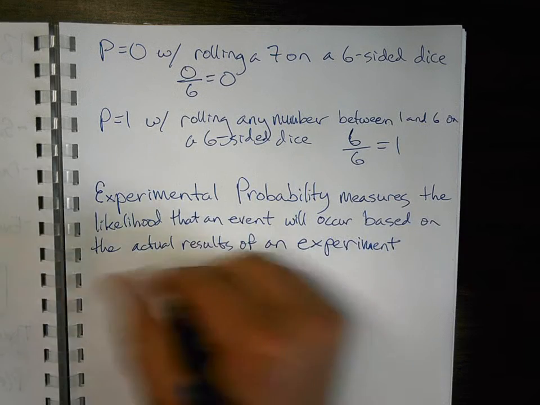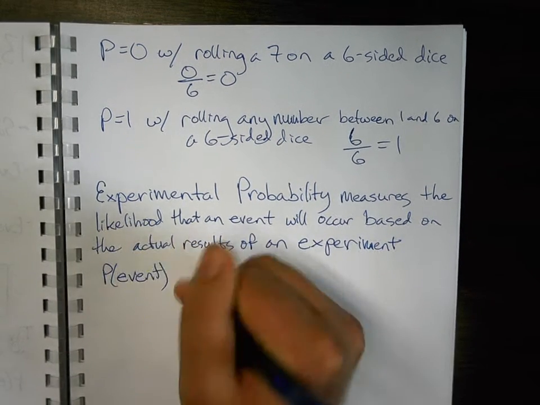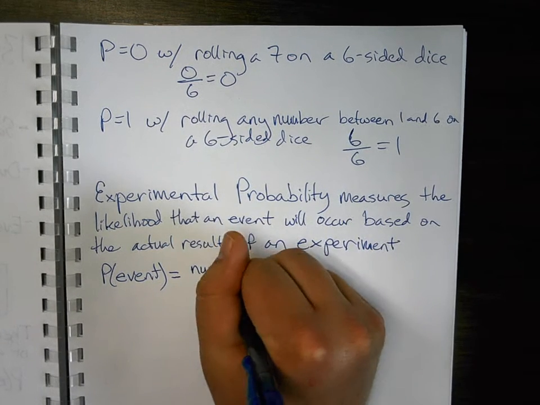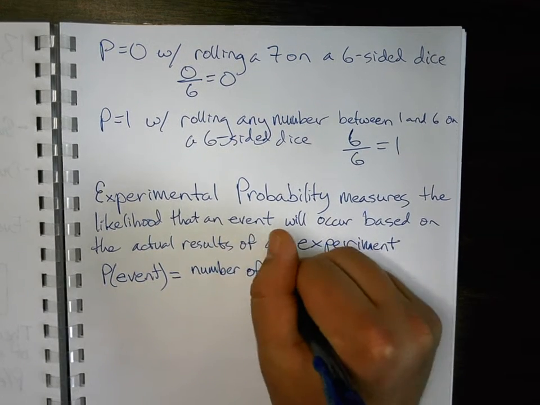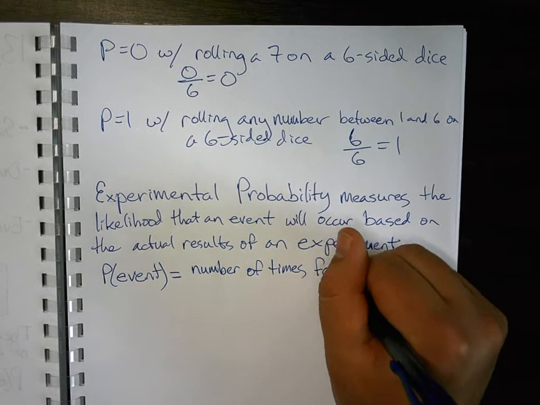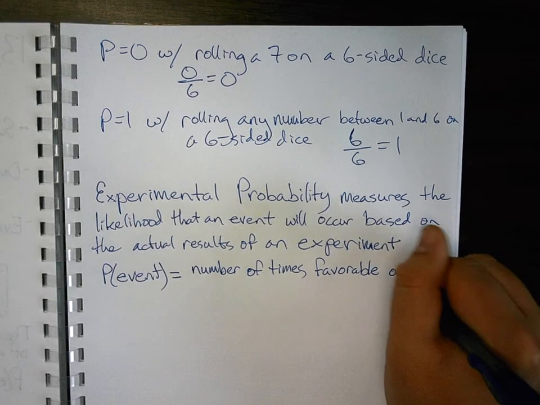So that would be something like experimental probability. And we represent that. It's very similar to theoretical probability. You just have to think of the numerator as the number of times a favorable outcome occurs.